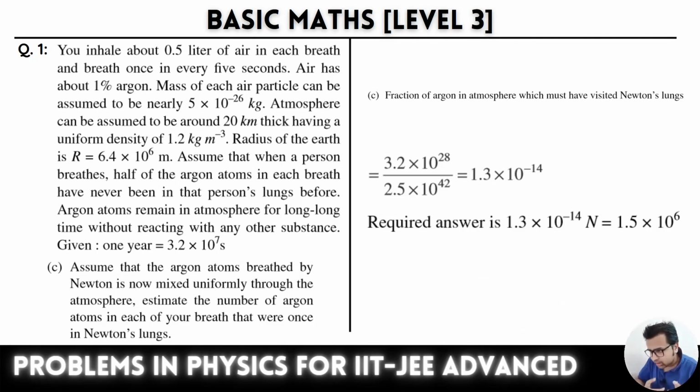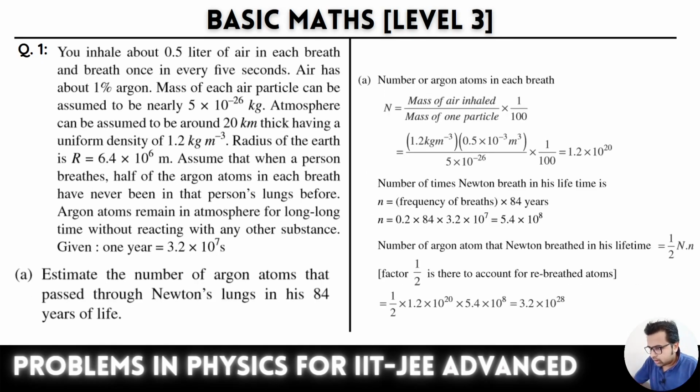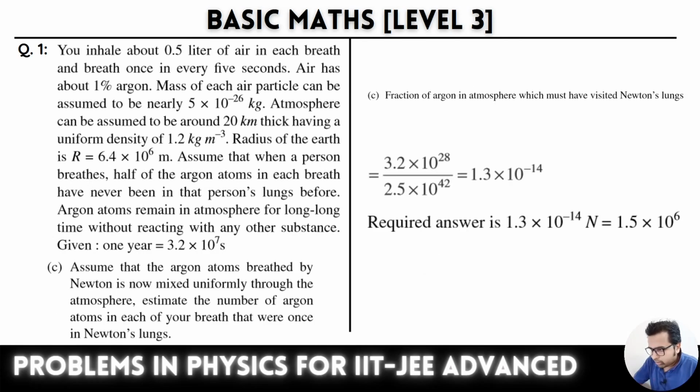Now out of this 1.2 × 10^20 argon atoms, I will assume that the fraction of special argon atoms belonging to Newton's lungs is 1.3 × 10^-14. So I multiply both.